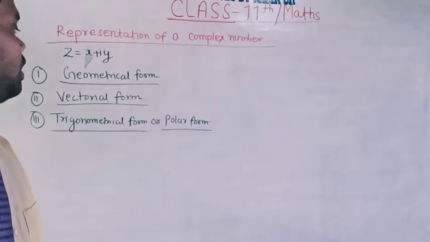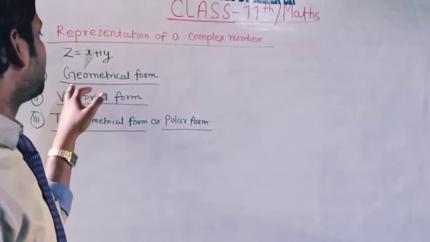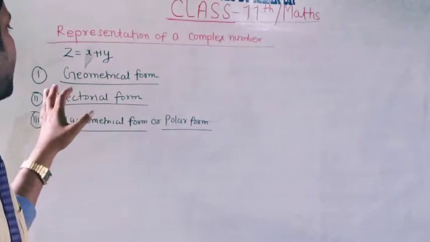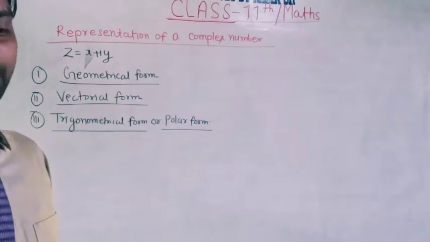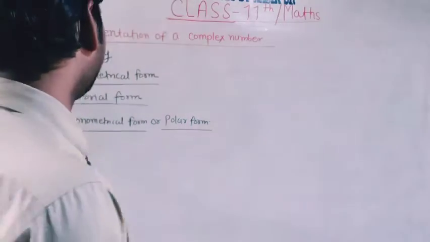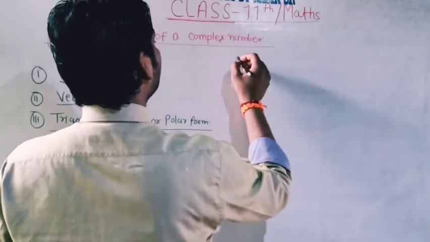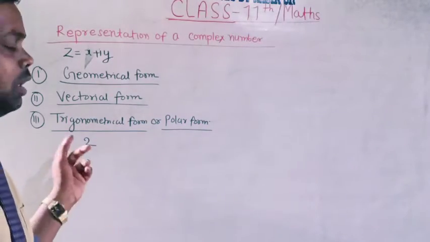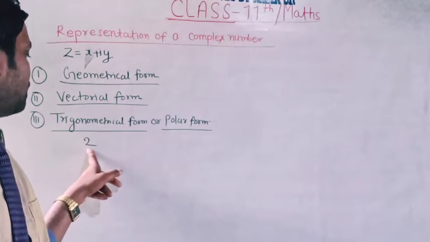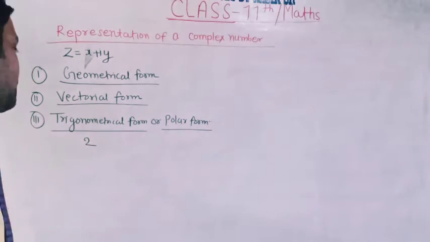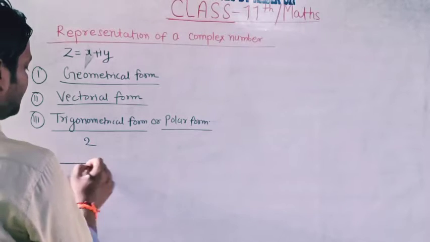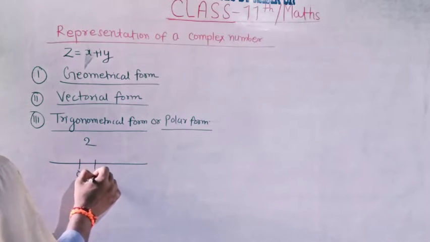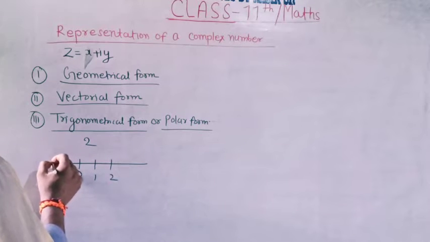So first I will discuss the representation of a complex number in geometrical form. Okay, so children, as we know, the number 2 is represented on a number line, with 0, 1 and 2.